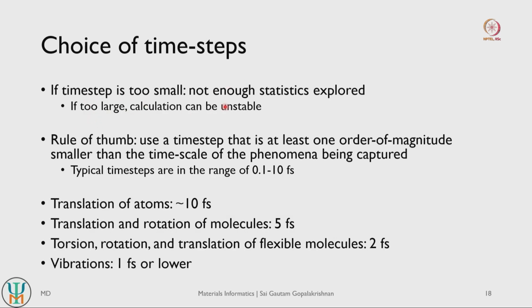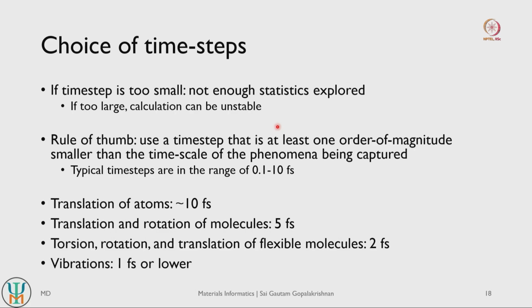And if the time step is too large, then the calculation can be unstable and you can have large deviations of the trajectory of your particles from where they should be, right. We also saw this in the simple harmonic oscillator example, where when we used larger time steps, we saw that very quickly the particles deviated away from their ideal trajectory, especially with the explicit way of integrating our velocities and positions.